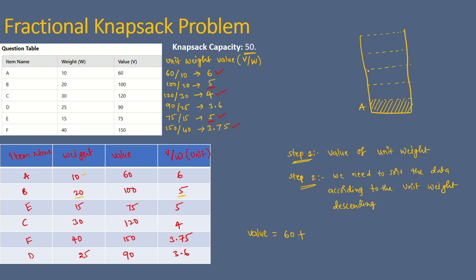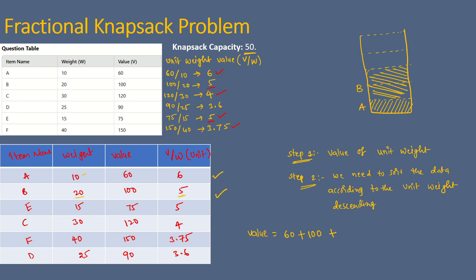So I am going to fill this 20 units. This 20 units is capital B, and the remaining 20 units of storage are still available. Value I got 100 plus.